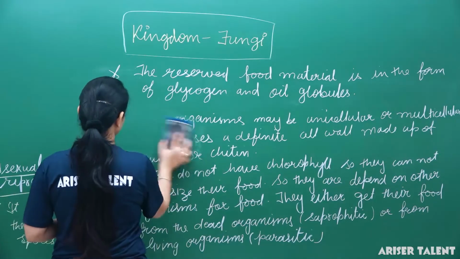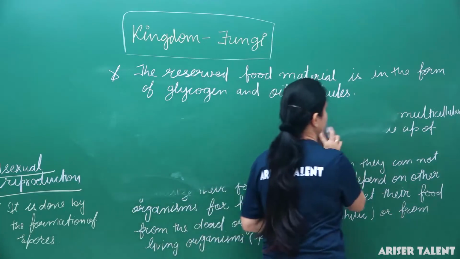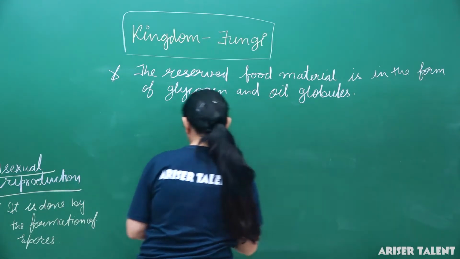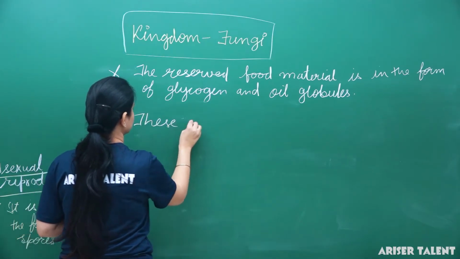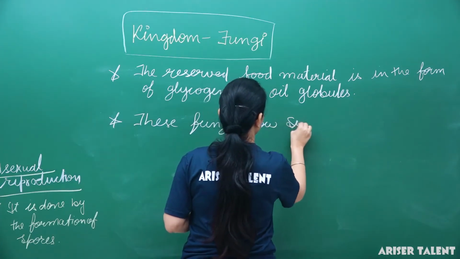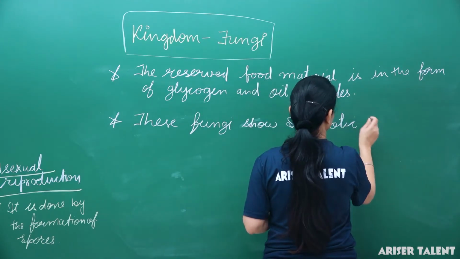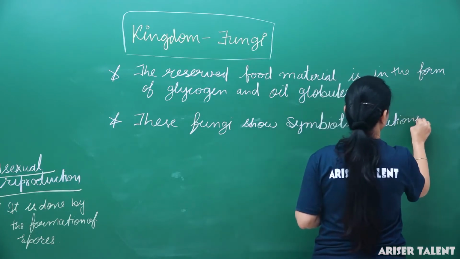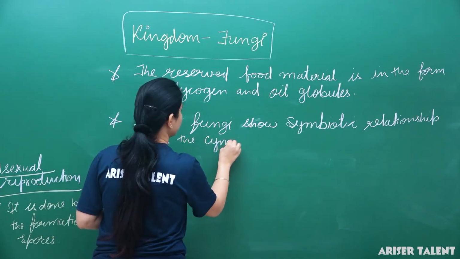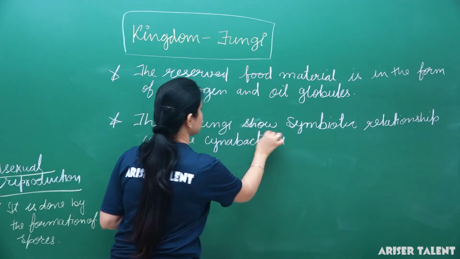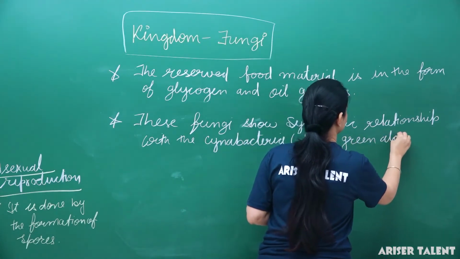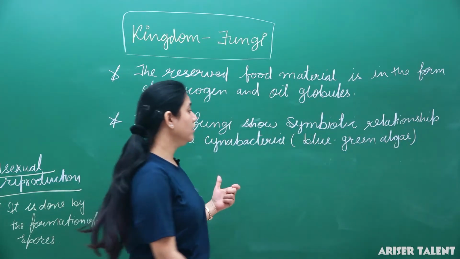Let me mention: these fungi show symbiotic relationship with the cyanobacteria, means blue-green algae, and then they form the lichens.